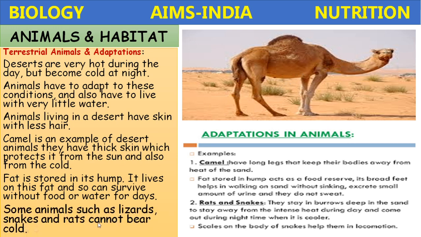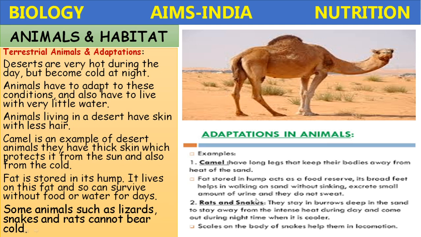Not only camels, some other animals living in the desert like rats, the kangaroo rat we can call it, lizards and snakes, can survive in the hot conditions. Snakes cannot tolerate the cold conditions, during which they undergo hibernation.